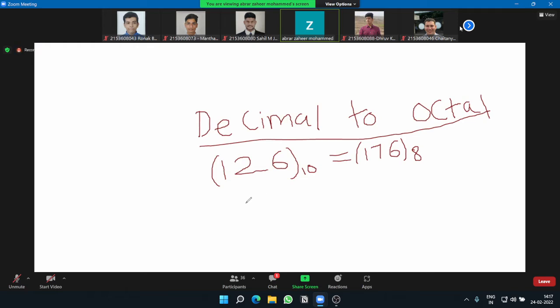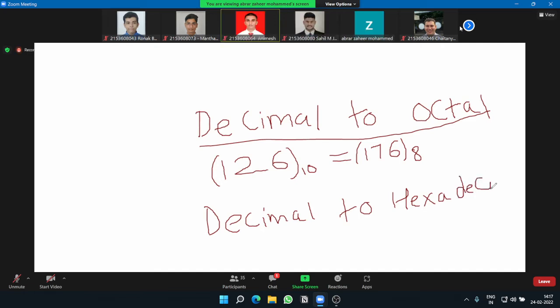Next is how to convert from decimal to hexadecimal. Divide by 16. Okay, we have to divide it by 16.